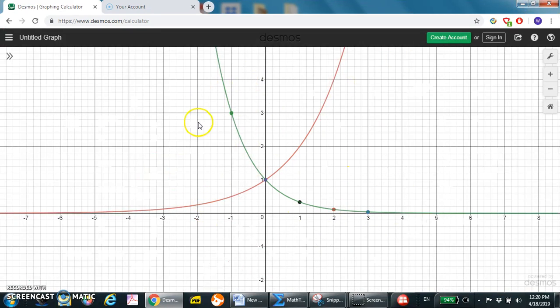So this function is called a decreasing function.